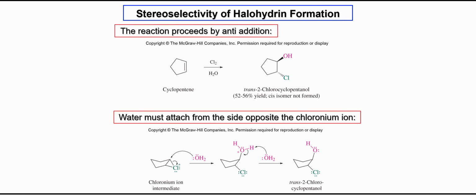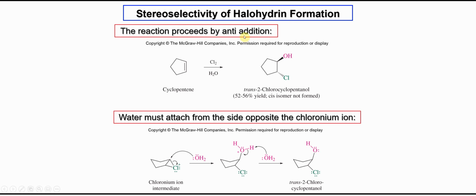The halohydrin reaction we already essentially mentioned, you are going to produce an anti-product or trans product. Again, as we mentioned, you form a 3-membered bromonium or chloronium, and then your hydroxide is going to attack from the back position.